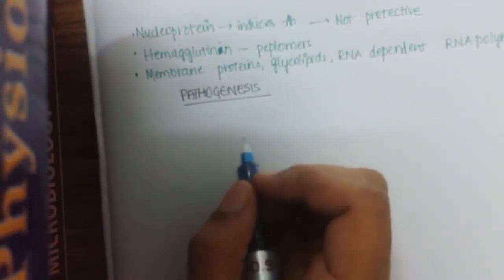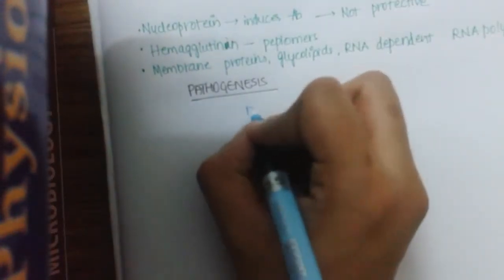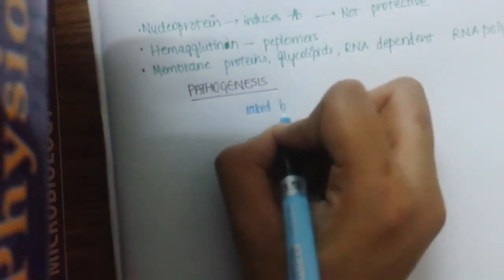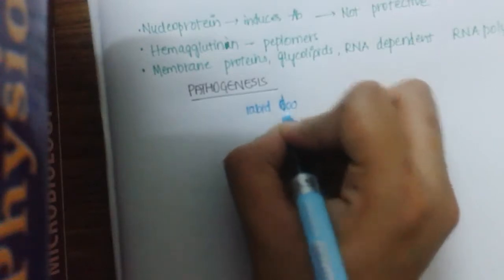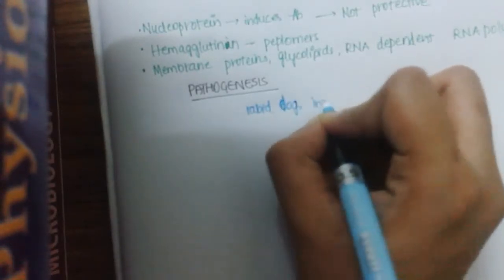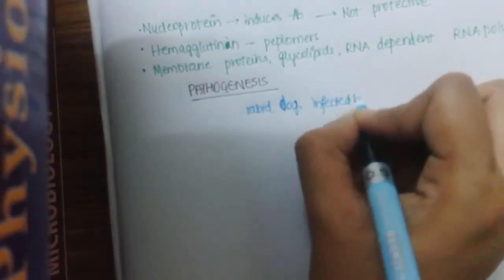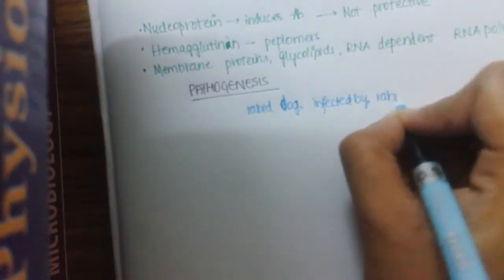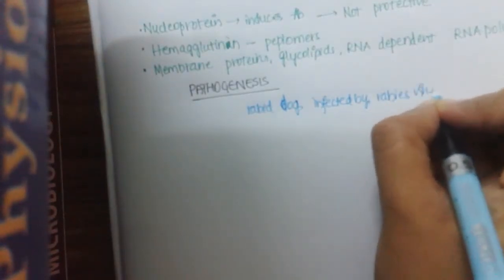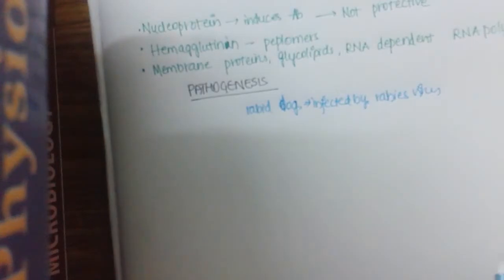So this is the pathogenesis: there is a rabid dog. The dog which is infected by rabies virus is a rabid dog.